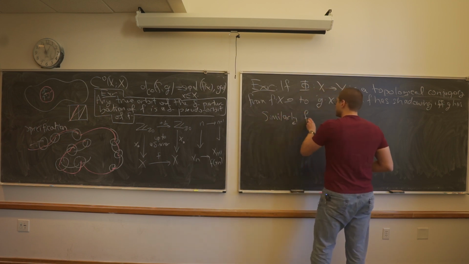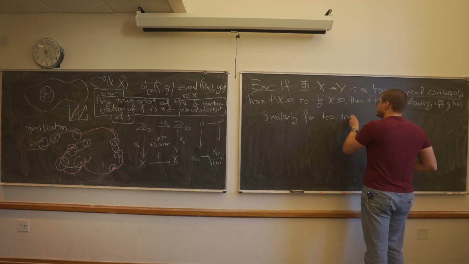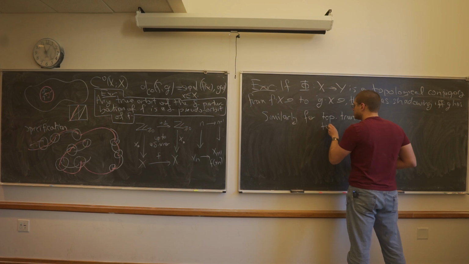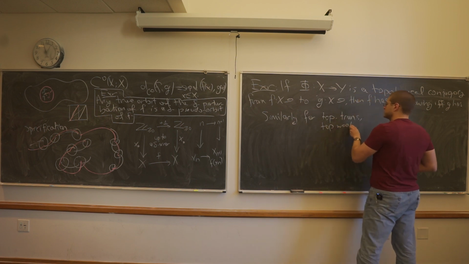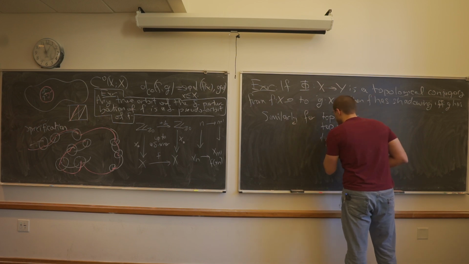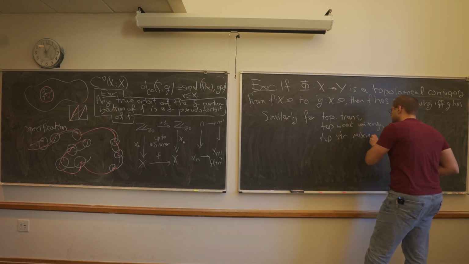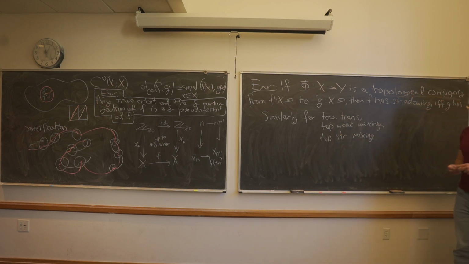Similarly, for topological transitivity, topological weak mixing, topological strong mixing. So for instance, if you believe this, you cannot conjugate the shift to the rotational dynamics, because one has shadowing, the other one doesn't.